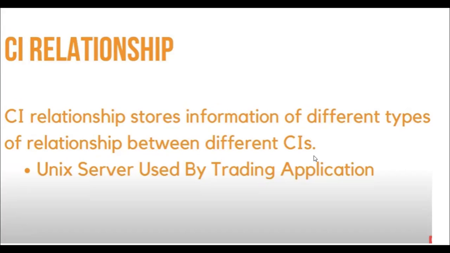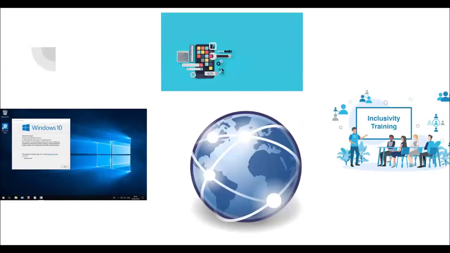You have one laptop from your organization, that is a CI. I have one laptop from the organization, that is also a CI. But how are these two laptops in a relationship? Just because both laptops are my client's laptops, the same client, and both are connected to the same network. I can give you an example.